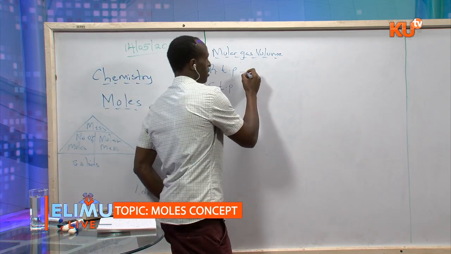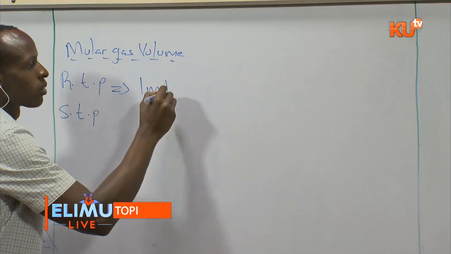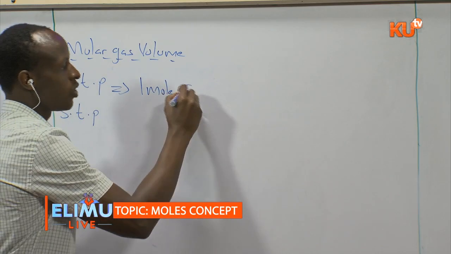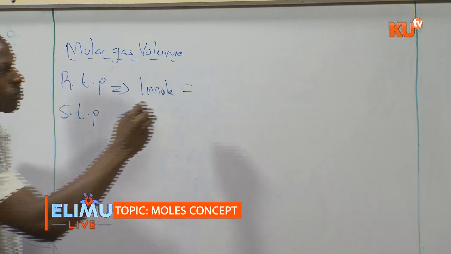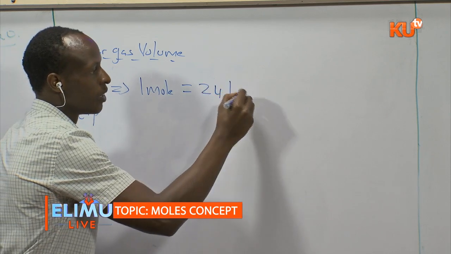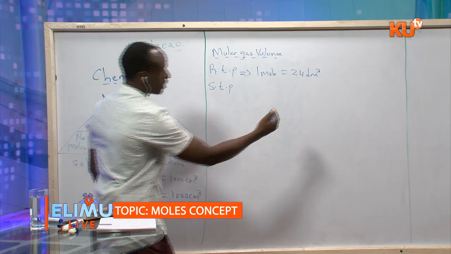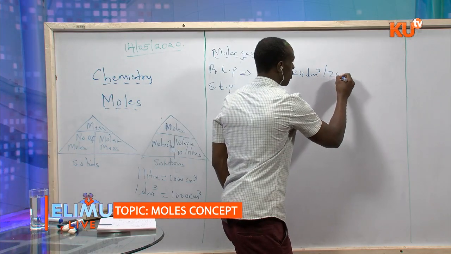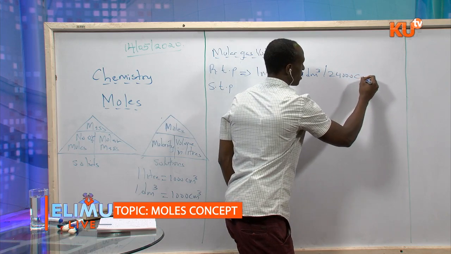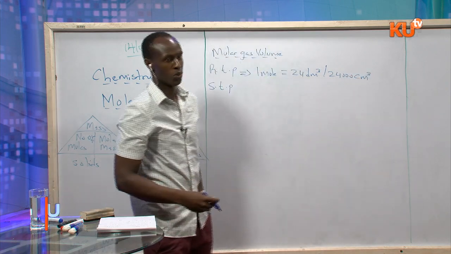At RTP, 1 mole of a gas has a volume of 24 dm cubed, which is the same as 24,000 centimeter cubed.